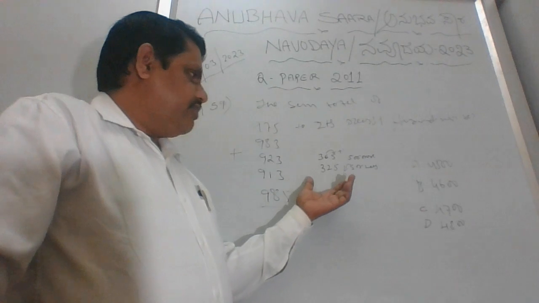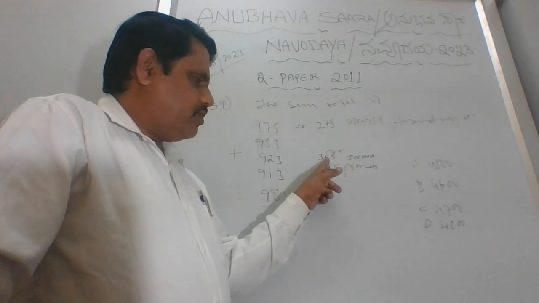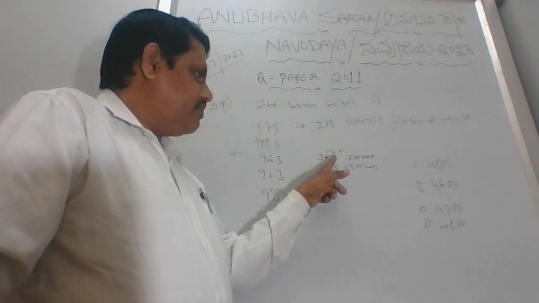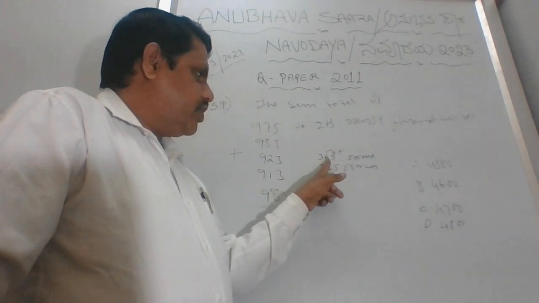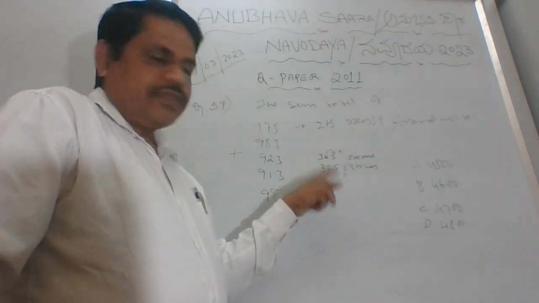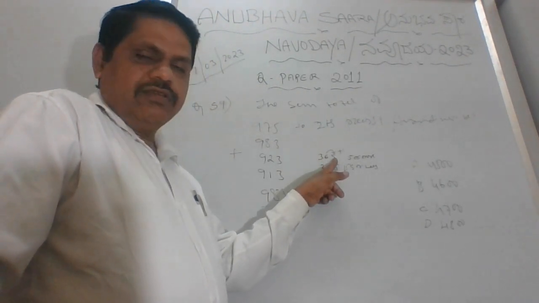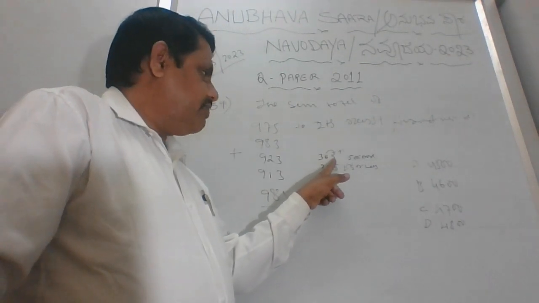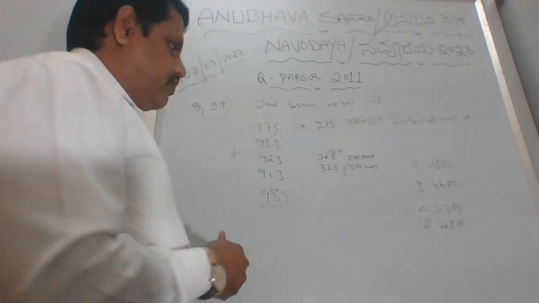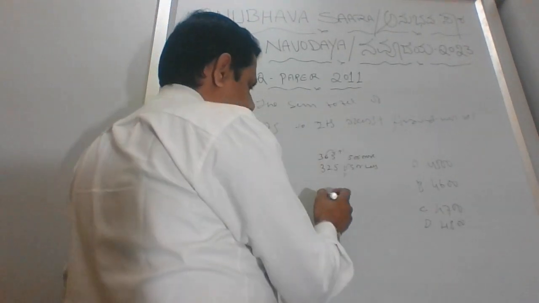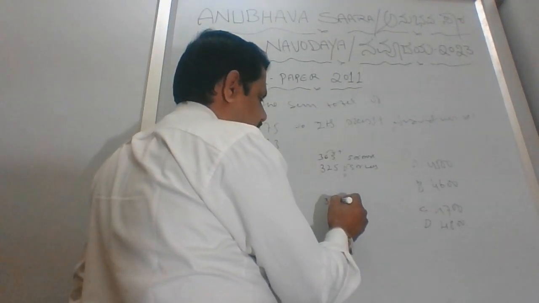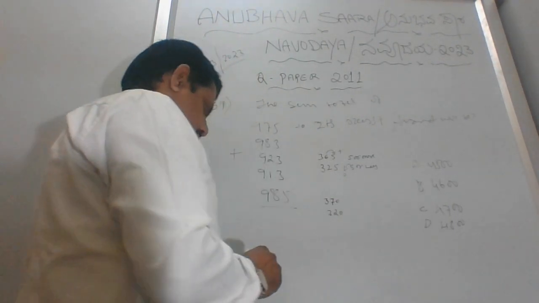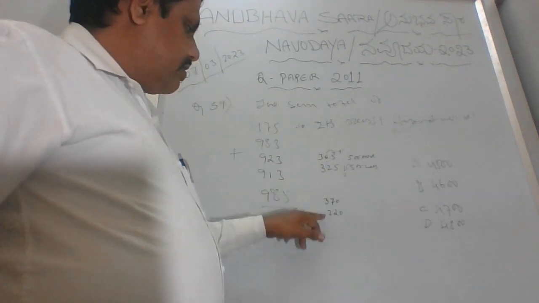Understood? If you are planning to do the round figure of 10, this is the ones place and this is the tens place. If the digit is 5 or more, it will be rounded up. That means 365 becomes 370, and 324 becomes 320. Why 370 and why 320?